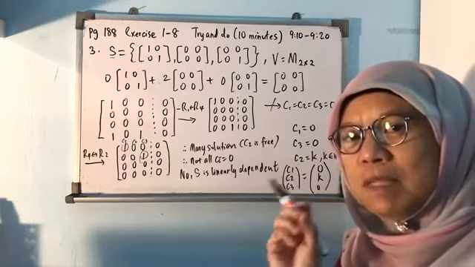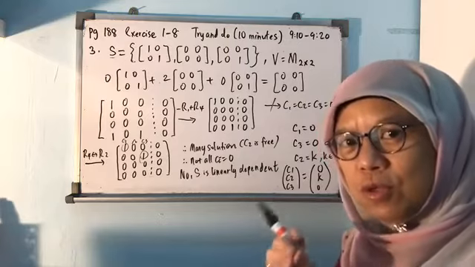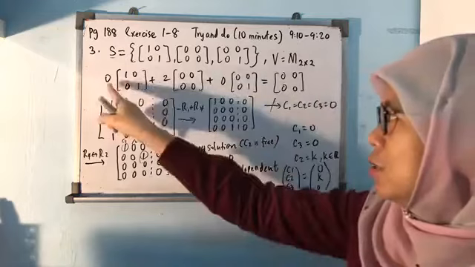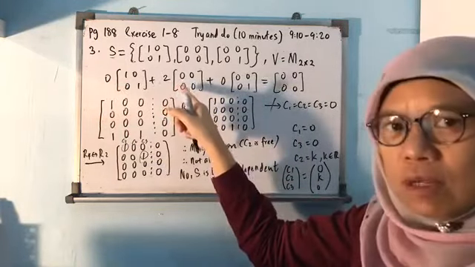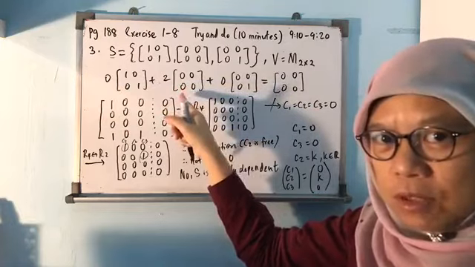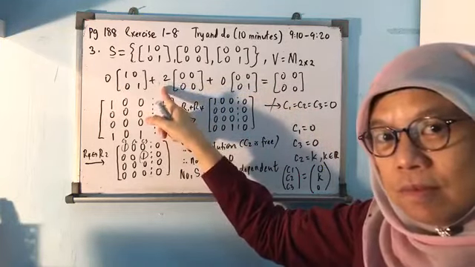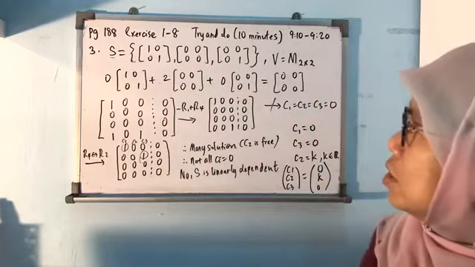Because you can always multiply that 0 vector with a number which is not 0, and the rest you multiply by 0, meaning not all Ci is 0. Later I will write the theorem. So this is for number 3.